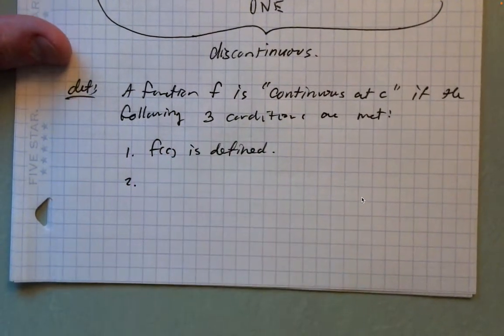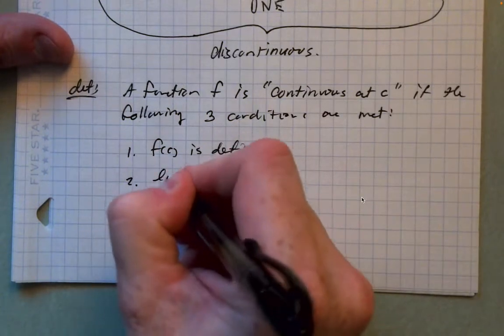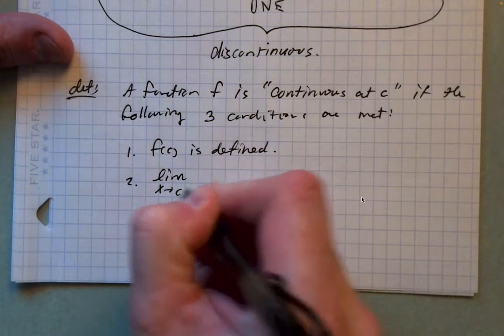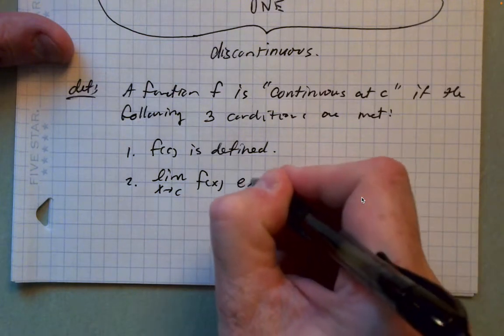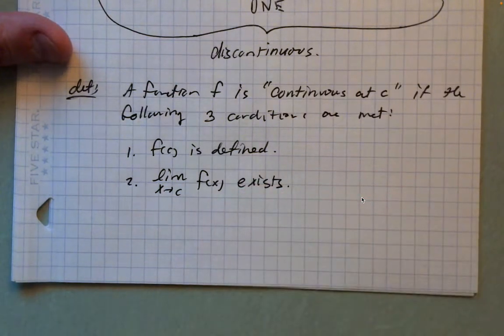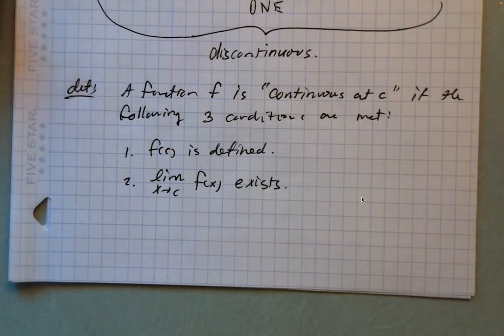The second condition is that the limit as x approaches c of f of x needs to exist. So there has to be a limit at c for the function.